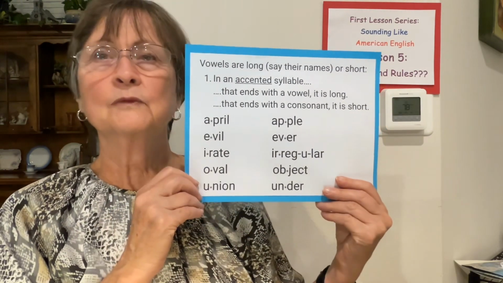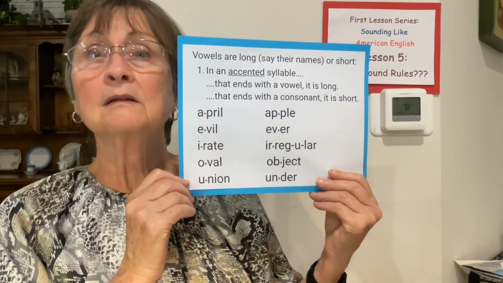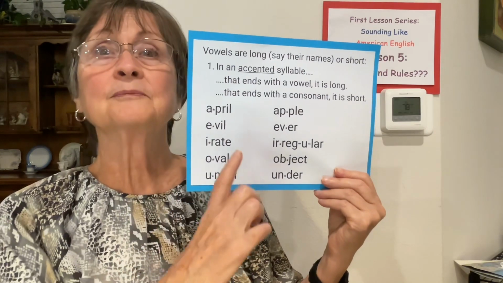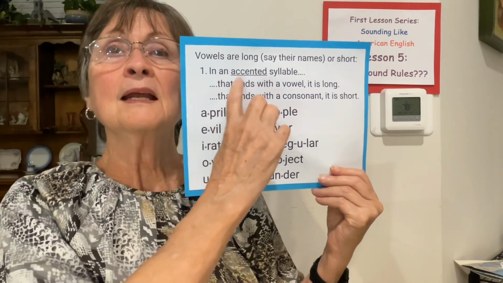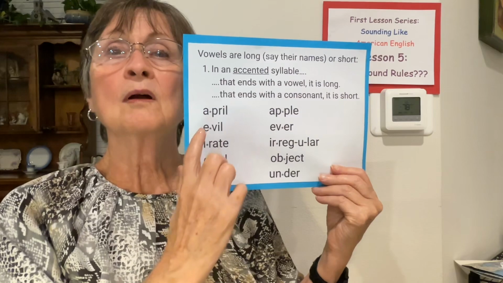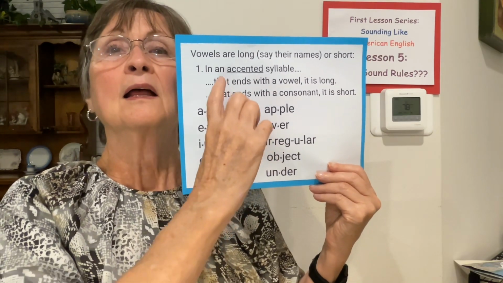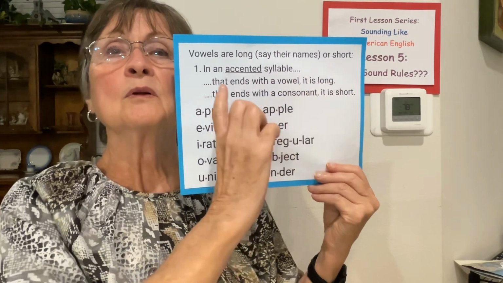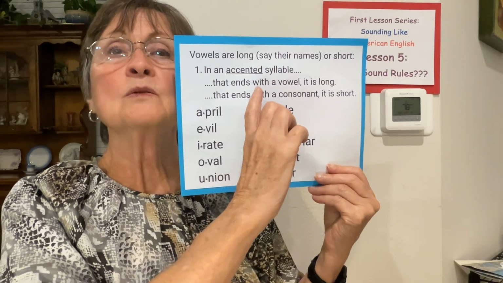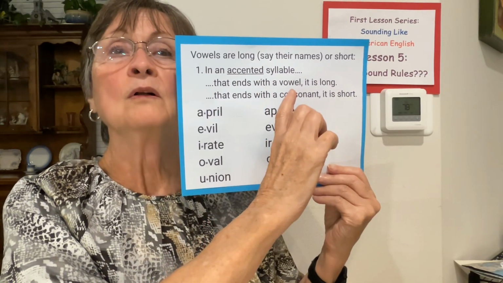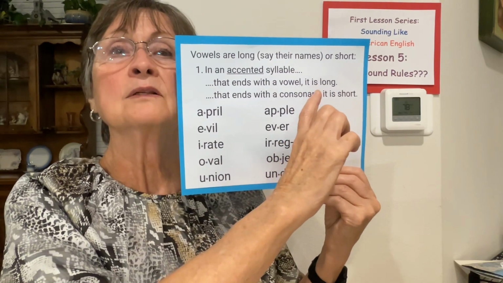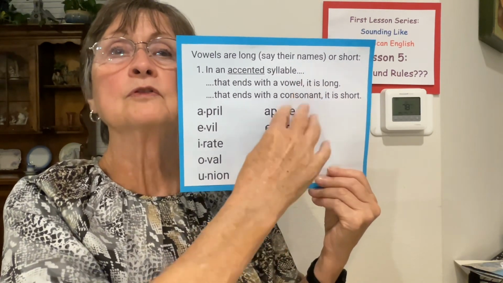Now, there's another rule. Can't always use it, but you can try it. In an accented syllable, or if it's the only vowel, and it's in this case, in an accented syllable that ends with a vowel, it is long or something else.